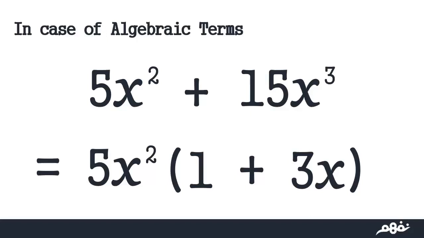So it's clear now that 5 times x times x is called the highest common factor. So I start by taking out the highest common factor and multiply it with the result, which equals 1 for the first term and 3x for the second term. So 5x to the power 2 multiplied by 1 plus 3x is similar to 5x to the power 2 plus 15x to the power 3.